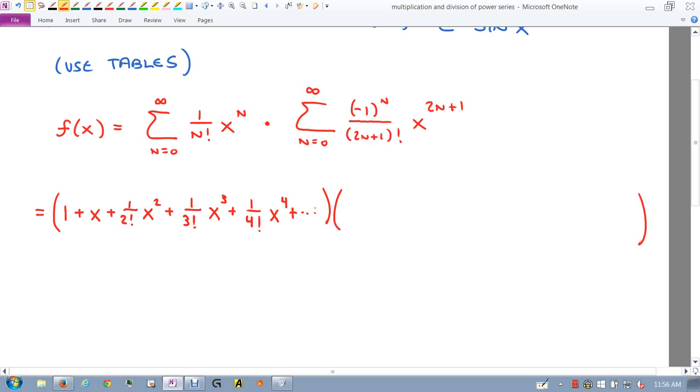And then when we do the one for sine and write out the first few, we have x minus 1 over 3 factorial x cubed plus 1 over 5 factorial x to the fifth minus 1 over 7 factorial x to the seventh plus dot, dot, dot.